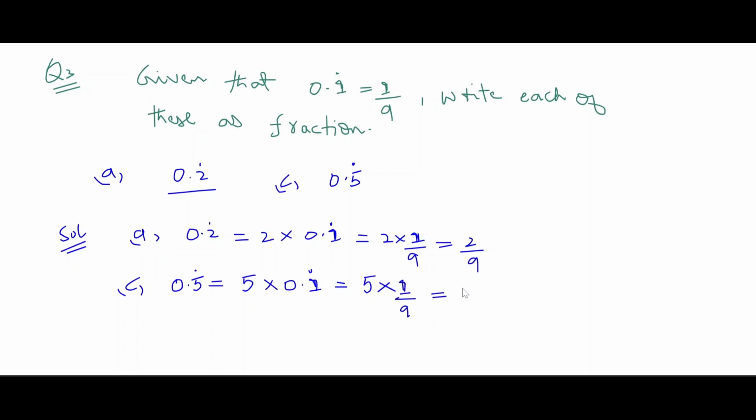It's 5 by 9, simple. You can divide it and you will get the recurring decimal 0.5555. It's a rational number. Now we have question number 4. It's also the same.